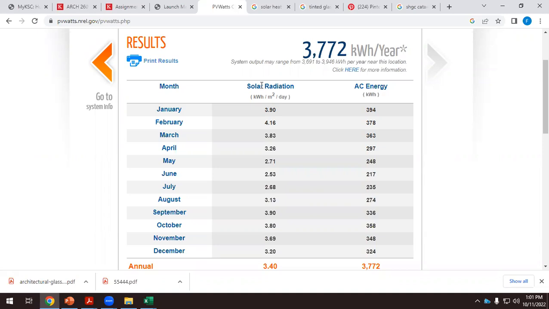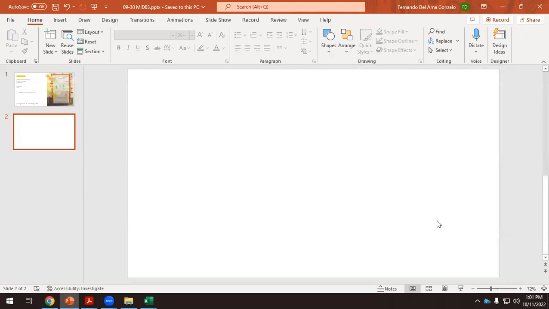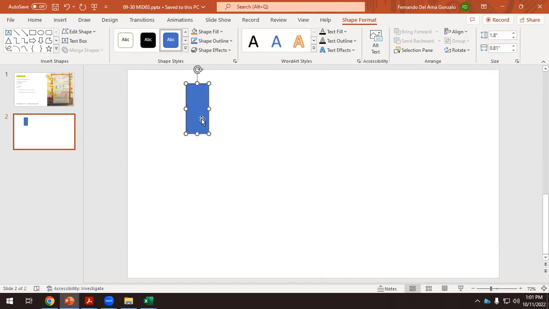So the solar radiation that we have at the other side of the building. How can I explain this? If there's a wall here, and we have a window there, the window can be light blue, and this is a wall.